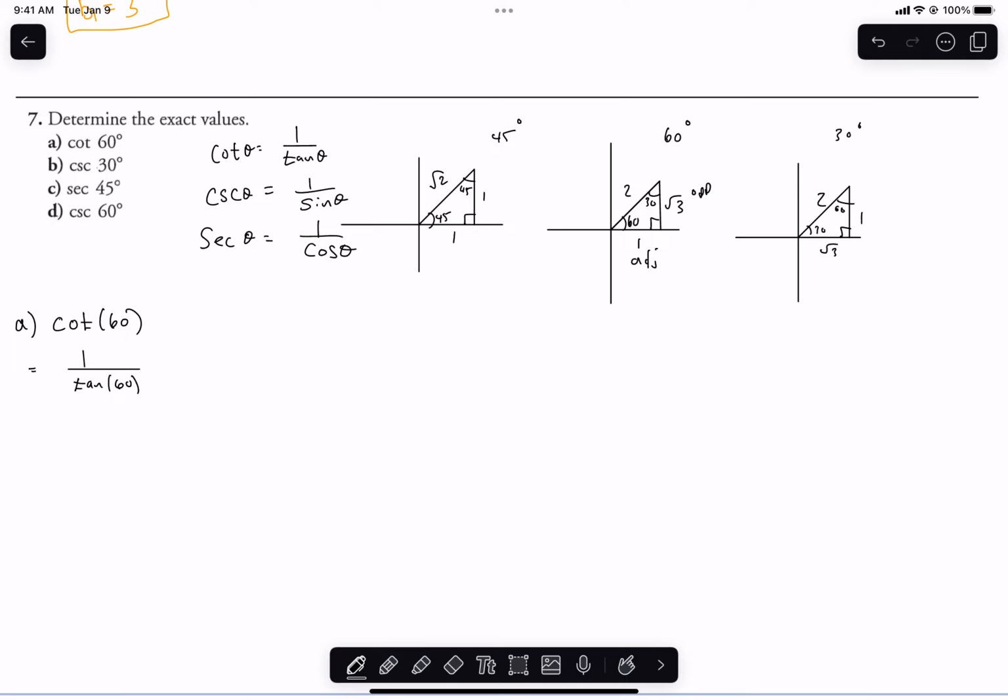So now we're in the situation where we can just find the tangent of 60. The only problem is that the tangent of 60 is in the denominator, but no big deal, because I know how to deal with fractions inside fractions.